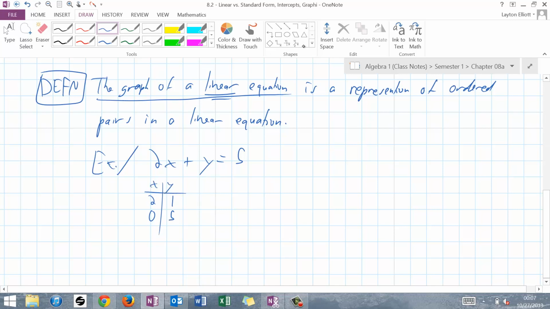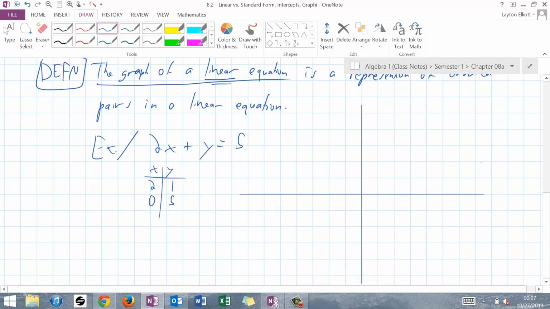Now, when it comes to graphing lines, you only need 2 points. In fact, 2 points determine, and when I say determine, I mean give a unique one, but let me kind of explain this. 2 points determine a unique line.